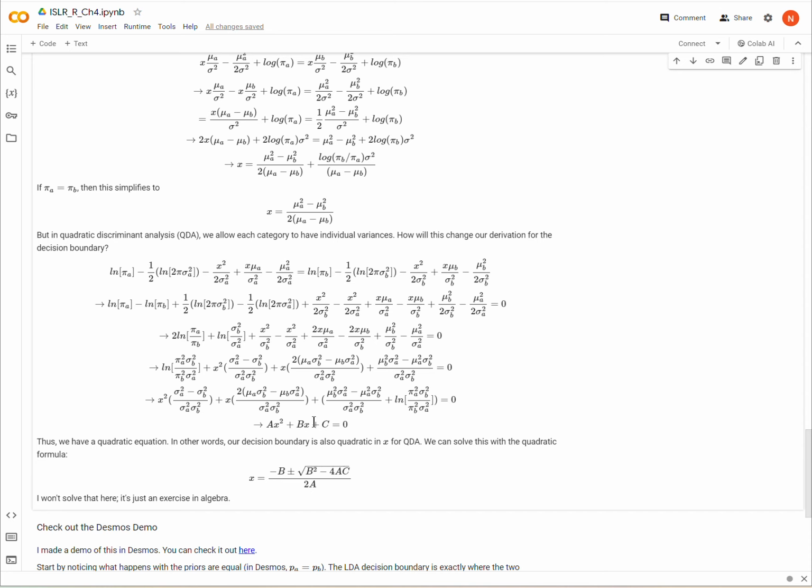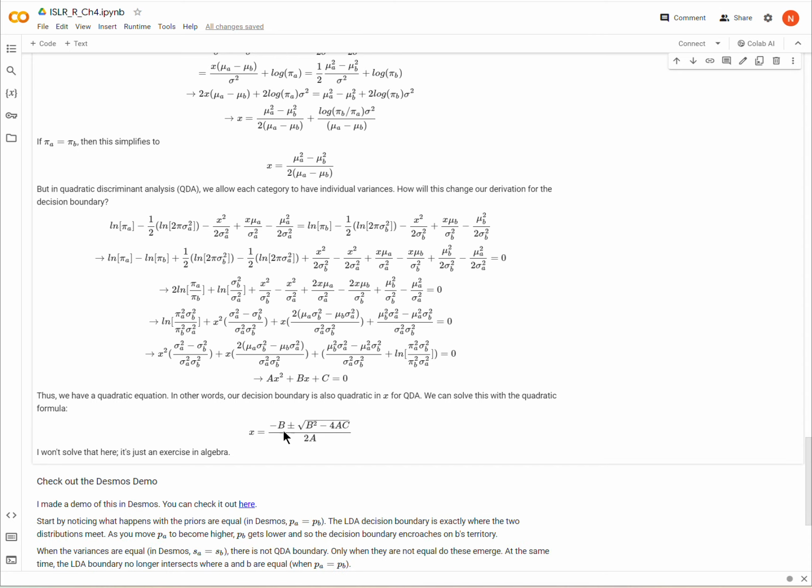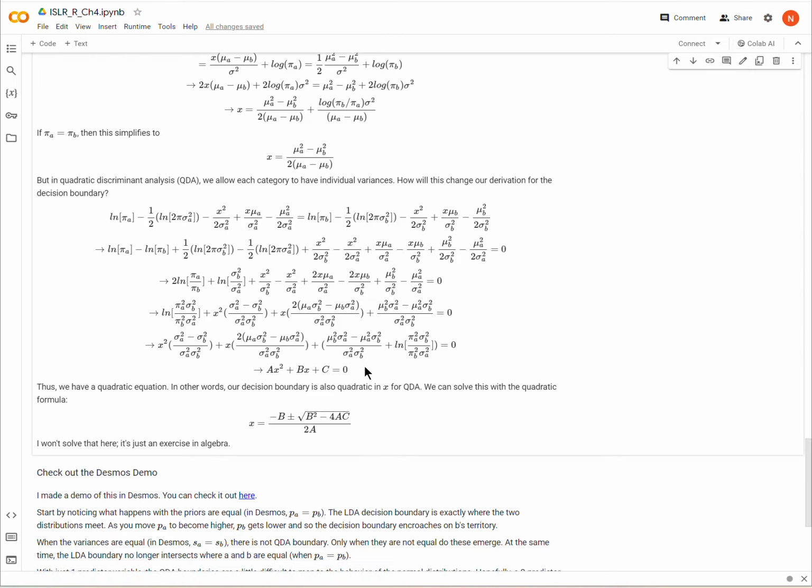Well, there's a lot of ways to solve quadratic equations, but we can just plug this into the quadratic formula, and we get out the x values that meet this requirement. I'm not going to go through and plug all this out. This is just a big exercise in algebra, but that's how we would think about solving that.